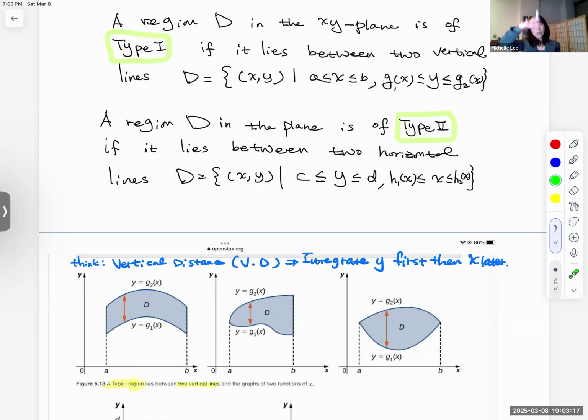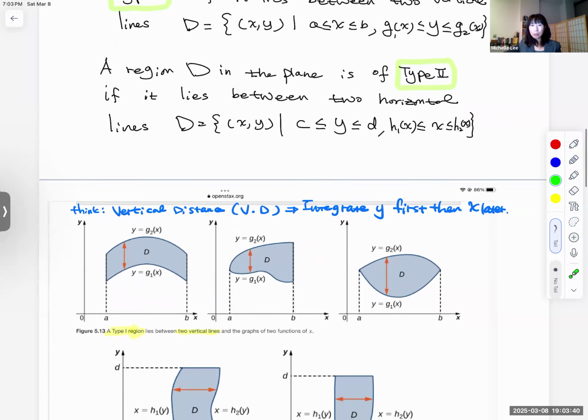Since we have vertical distance, there will be height, so we integrate with respect to y first, up and down, height. Then we integrate with respect to x later. Make sense?